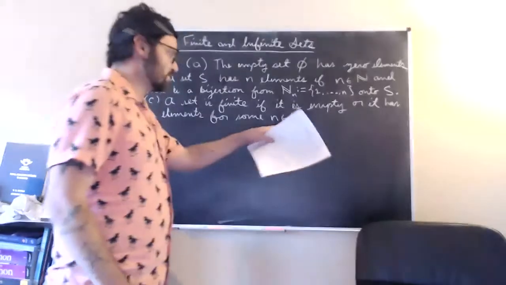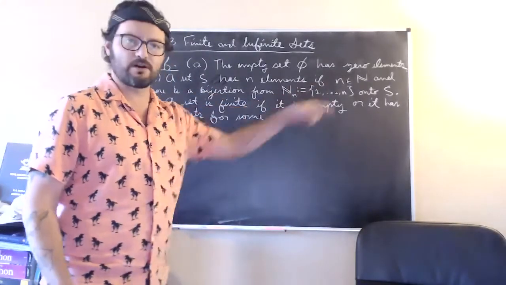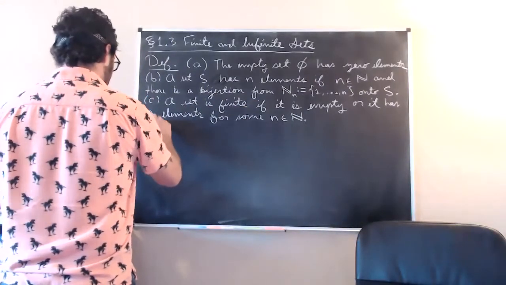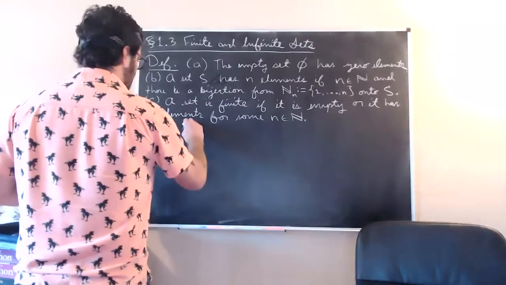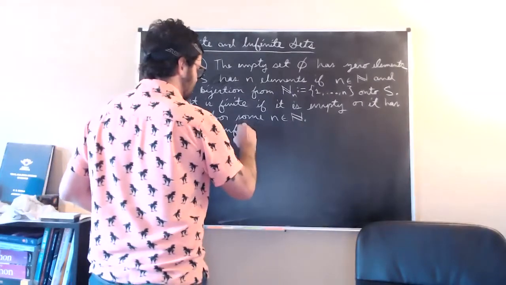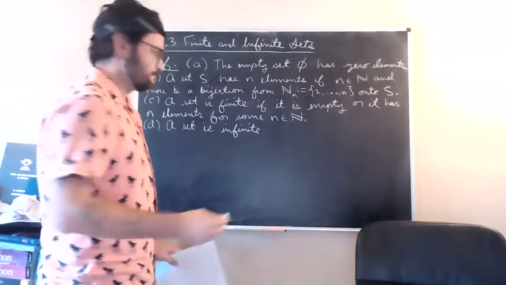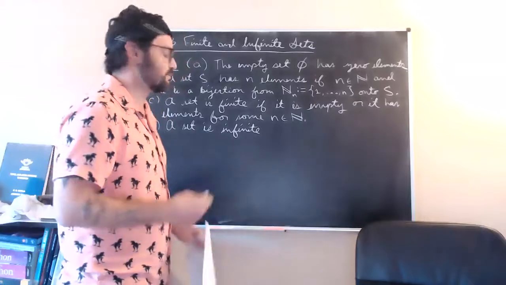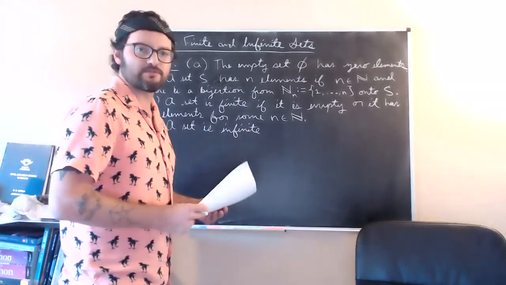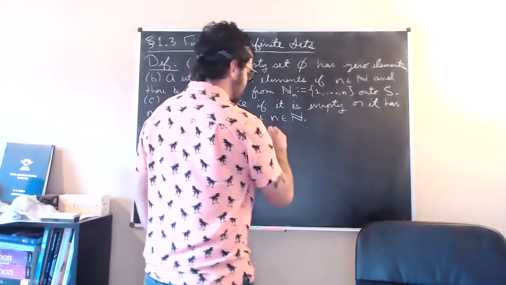And it has n elements for some natural number n if there is a bijection from this set onto the set in question. And finally, part D, a set is infinite if it is not finite, which is kind of a silly definition, but we need to actually define these things if we're going to introduce rigor into this notion of sizes of sets. So a set is infinite if it is not finite.